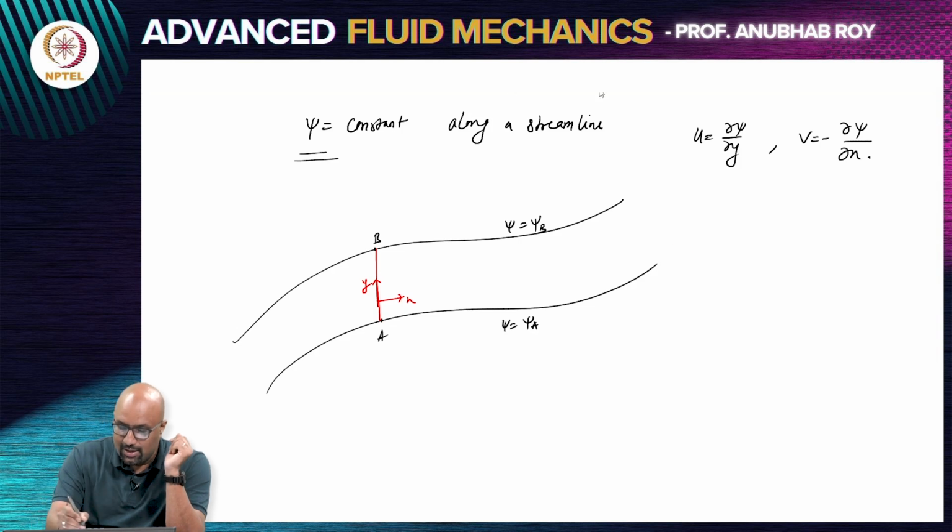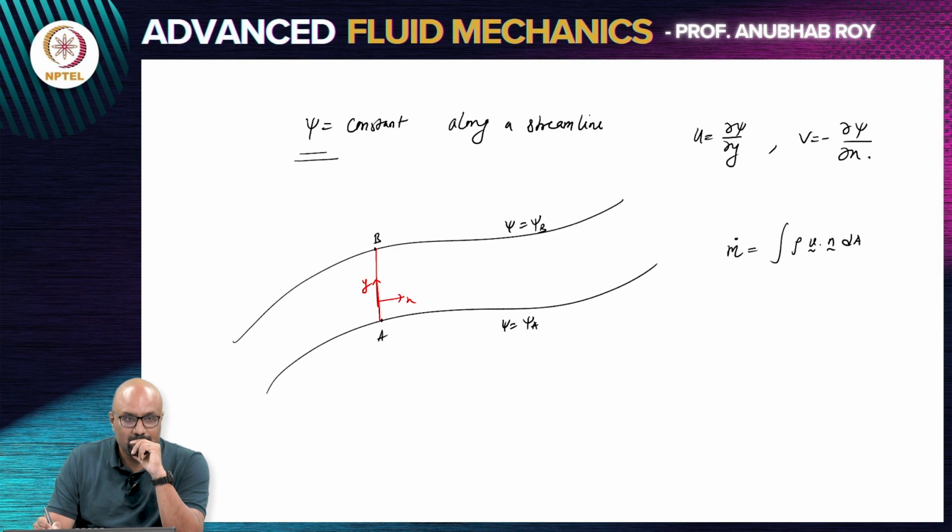If I try calculating the mass flow rate through that line, this is the mass that is entering or leaving, so it would be rho u dot n dA over this strip going from A to B.